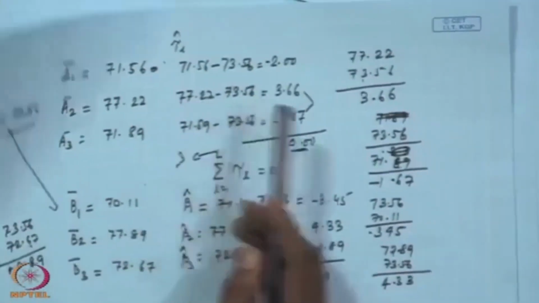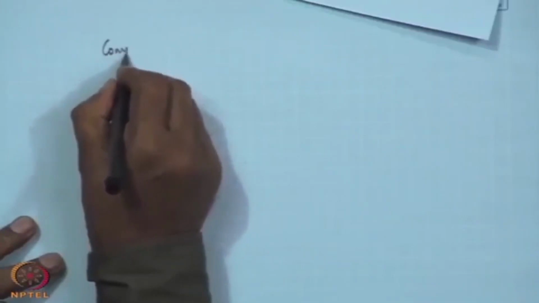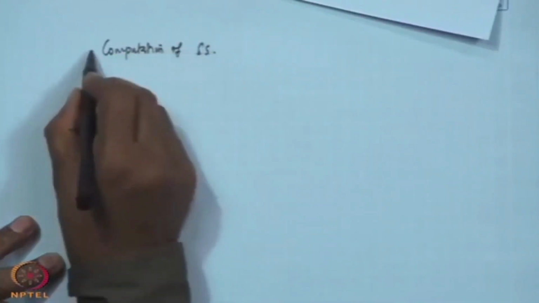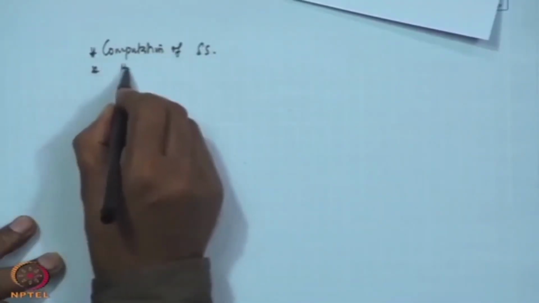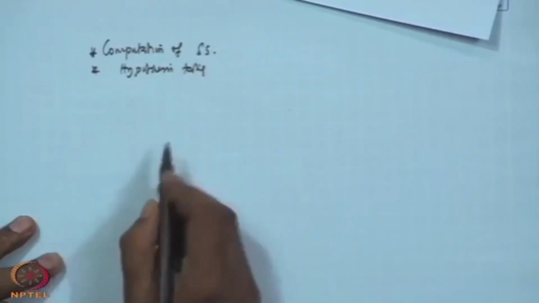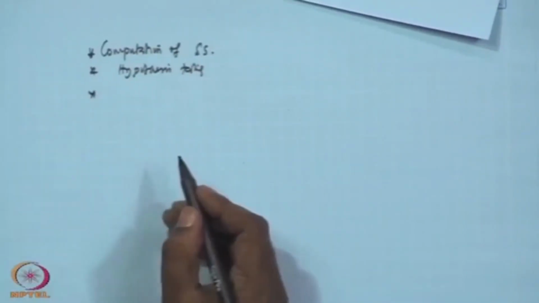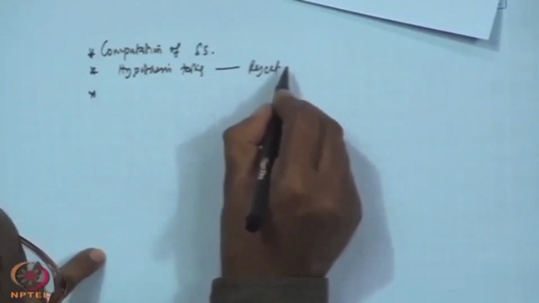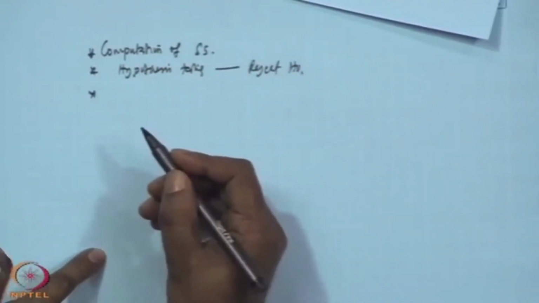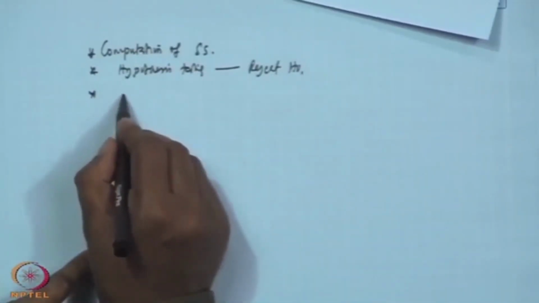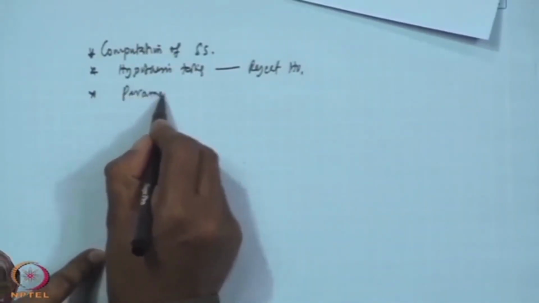Yes. So, first is the computation of SS, then hypothesis testing, correct. Then you will find that you reject hypothesis H0. Once H0 is rejected, you go for parameter estimation.